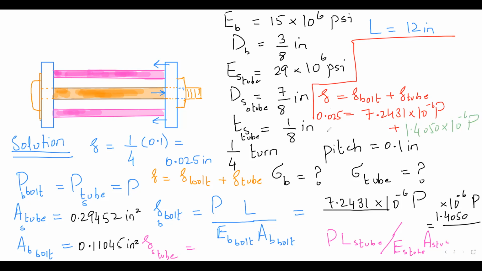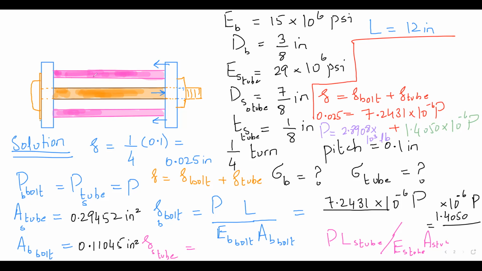Let me use purple color, and P comes out to be 2.8908 into 10 power 3 pound force. If you want to put a subscript F here for pound force, it's good.